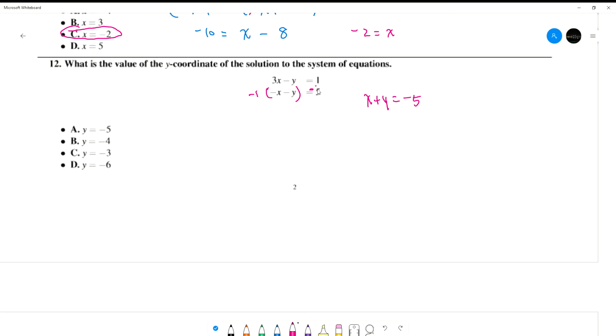Do you agree with that? And the first equation remains the same. So now if I add these, the y's are eliminated. I have 4x is equal to -4, right? So therefore x is equal to -1.